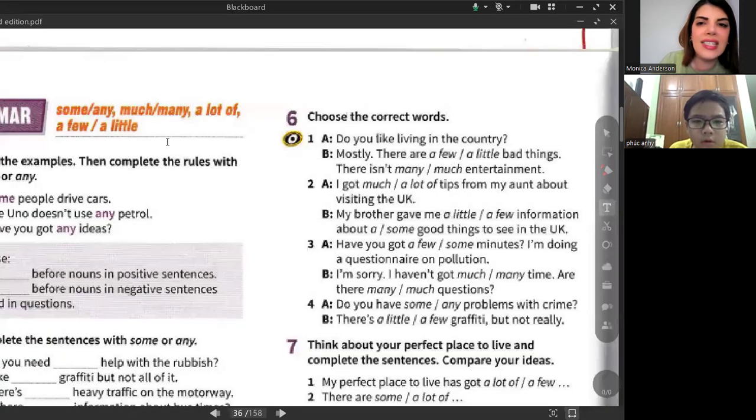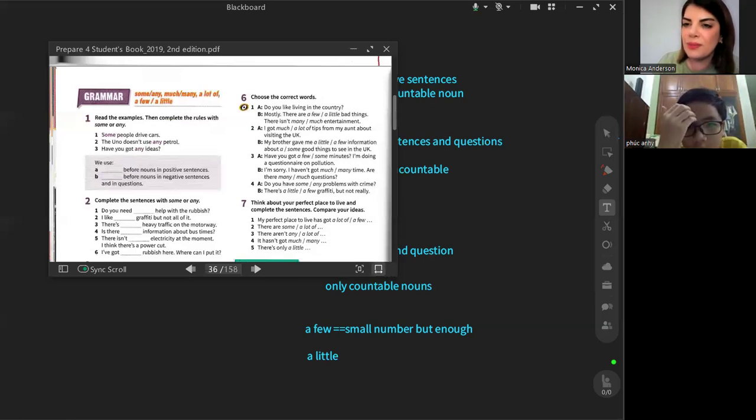Well, let's see. The first one says, read the examples, then complete the rules. Could you please read the examples? Some people drive cars. Do you know doesn't use any petrol? Have you got any ideas?